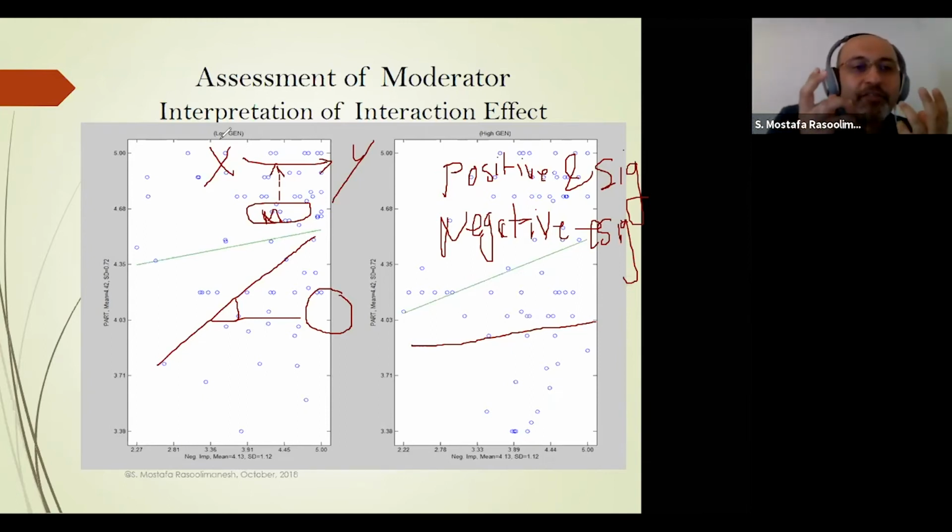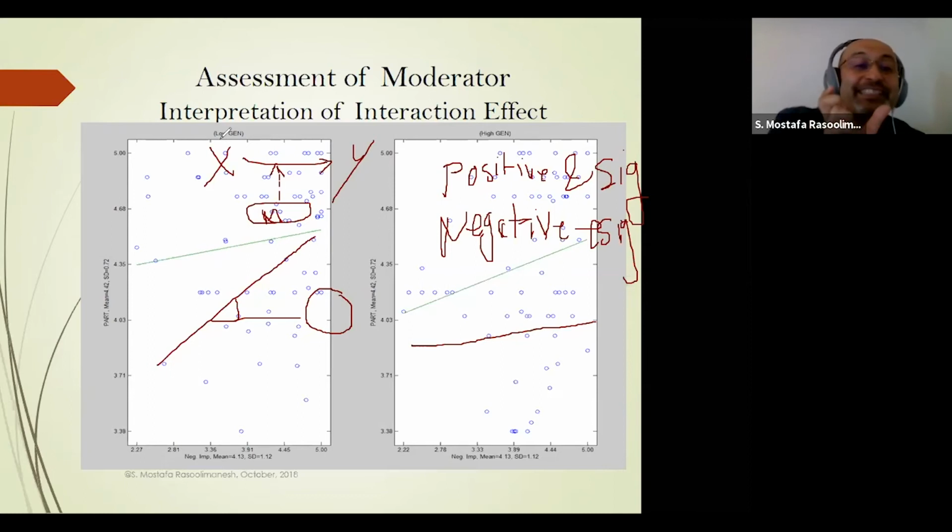So what's the meaning of the sign? A positive coefficient of interaction effect, and significant, means the effect of X to Y is stronger, the slope is higher, for high level of moderator. For example, for high involvement, for big company.